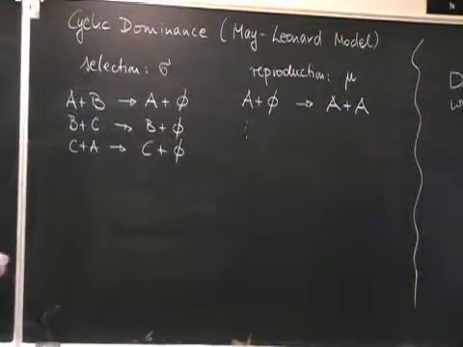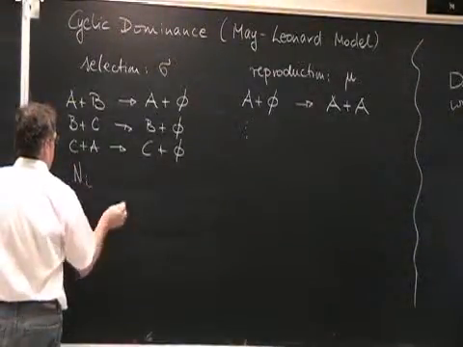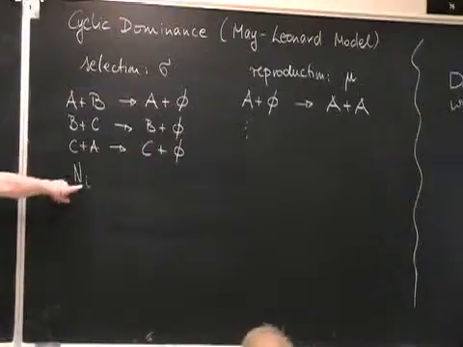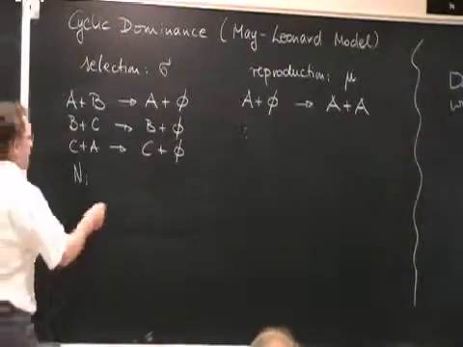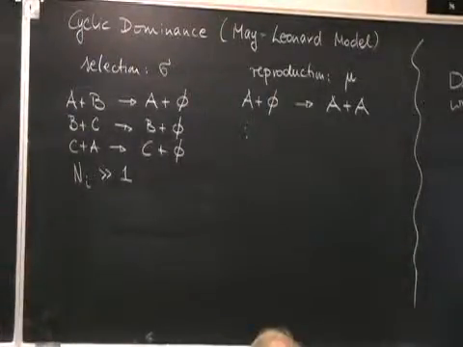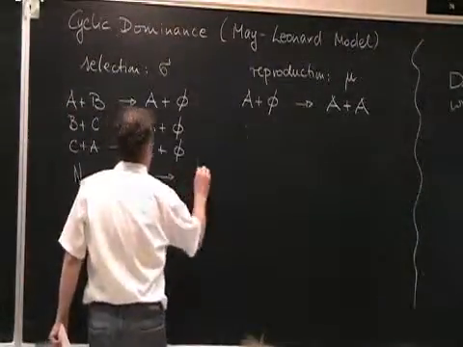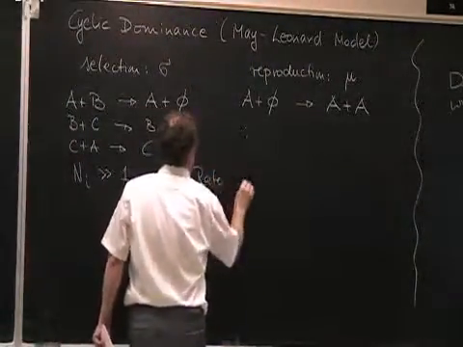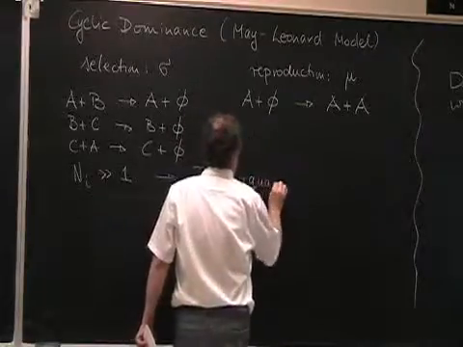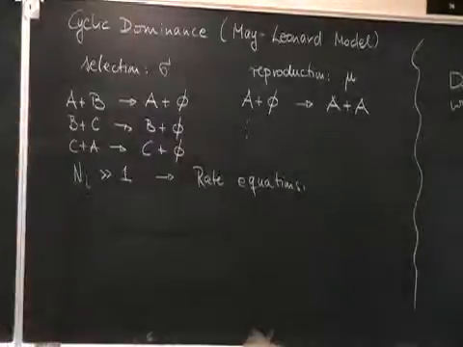So now if I go to the limit that Ni, meaning for i equal A, B, C, is much, much larger than 1, I can neglect stochastic fluctuations, and I write down again a set of deterministic rate equations for nonlinear dynamics equations.